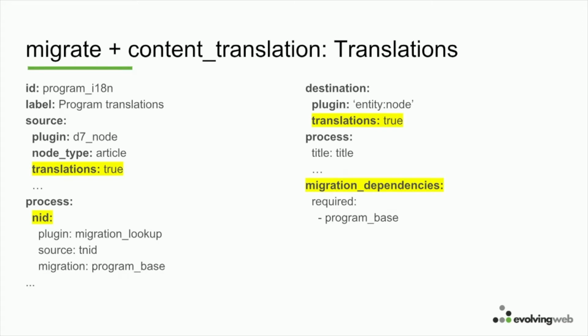So this will ensure you always get the base data first and then add the translations to it. So after you get these 2 migrations, you should be able to update your config and run migrations, and you will have all the translation data, unless you made some mistakes somewhere or unless your data is complicated.